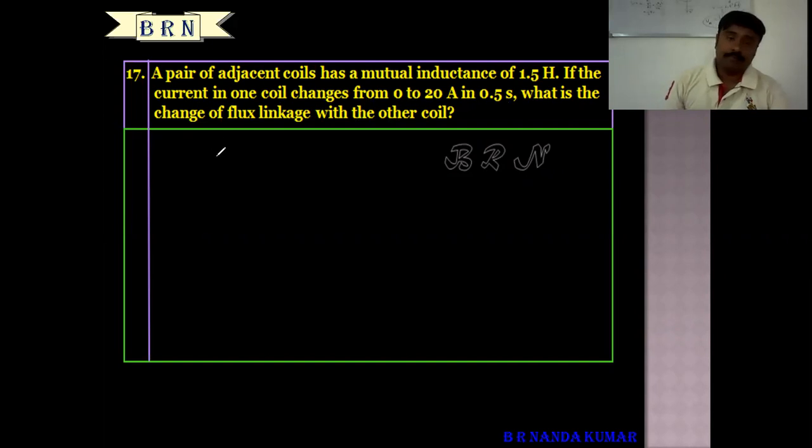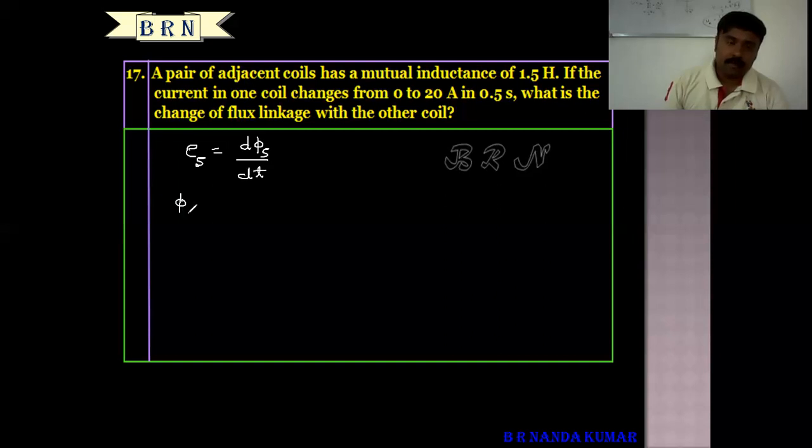So here we have to use Faraday's second law of electromagnetic induction. EMF induced in the secondary coil is equal to the rate of change of magnetic flux in the secondary coil, d phi s divided by dt.